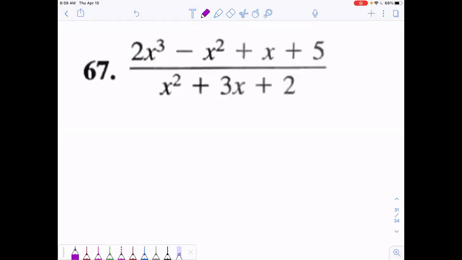When it's improper, Jack, what do you do to make it a proper fraction? What method or process do we use? Yeah, we divide.